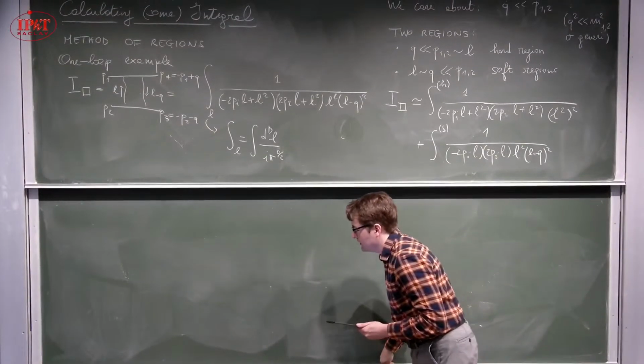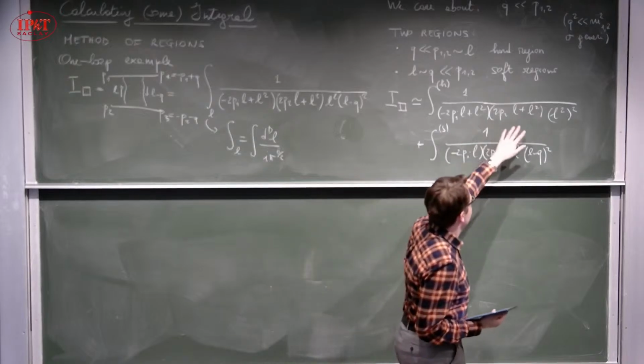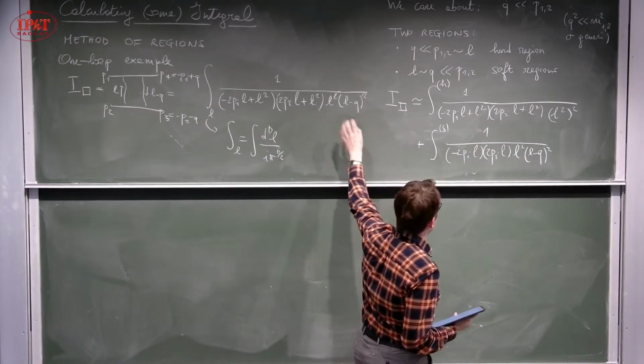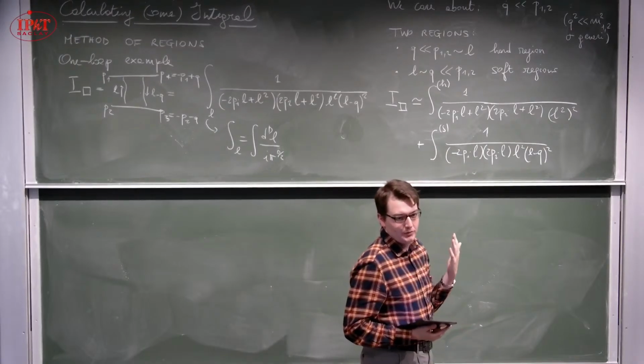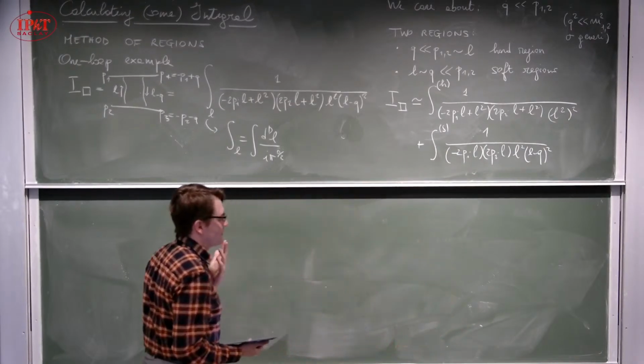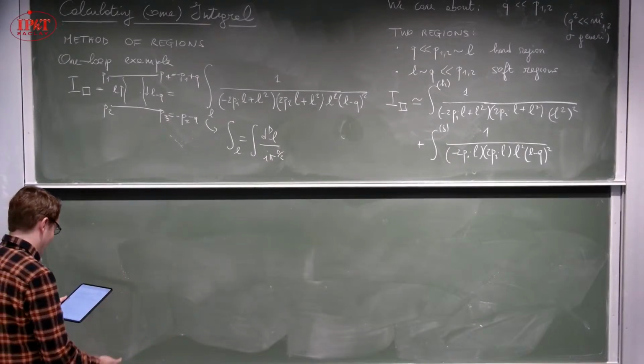Now, what we gain in this step is that we simplify the integrand, right? These are slightly simpler functions than the original one, but we introduced a complication, the fact that there is a cutoff in our integration. This we don't like, because dealing with integrals over the whole space is much easier than integrals over some subregions.